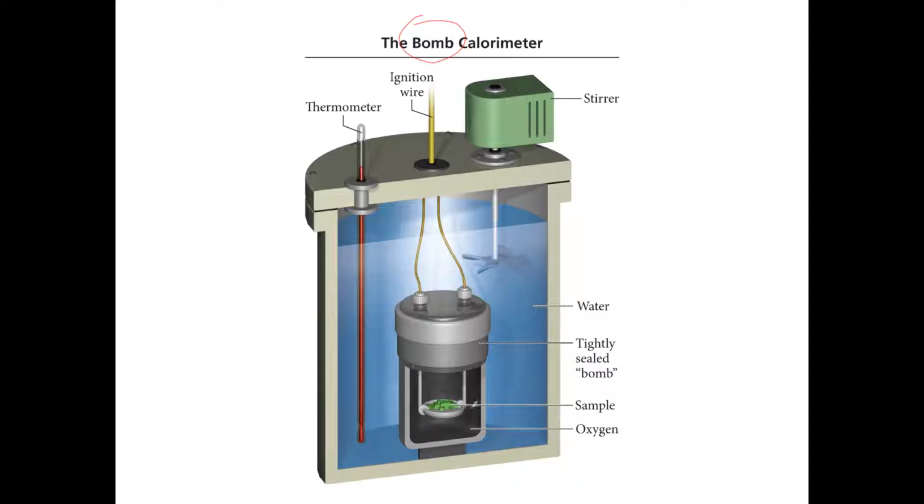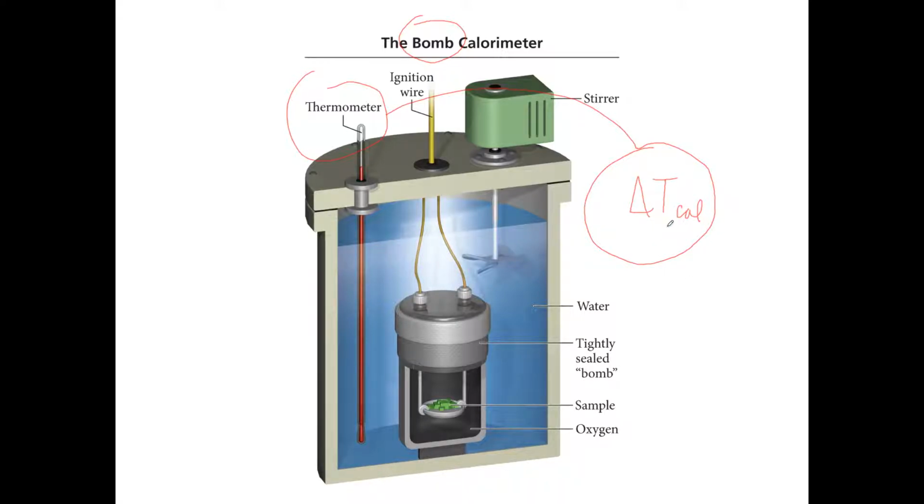You have some reaction done inside the bomb. You have a sample and oxygen, and it's ignited, so you have combustion and a change in temperature. We're going to simply measure the change in temperature of the whole calorimeter by using this.